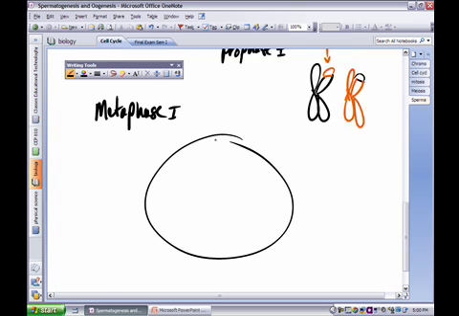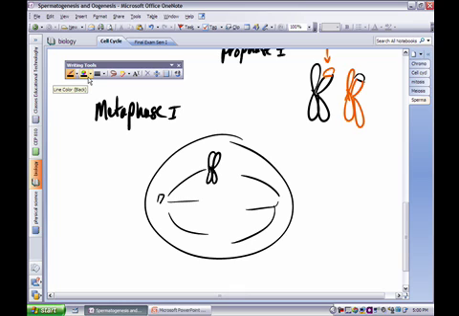If we were to look at it a little differently like this, they will line up side by side, not in a row, such that we would have, let's say, something like this. Have another set of chromosomes here, slightly different. And this is the homologous pair for this one, and this would be the homologous pair for this one.